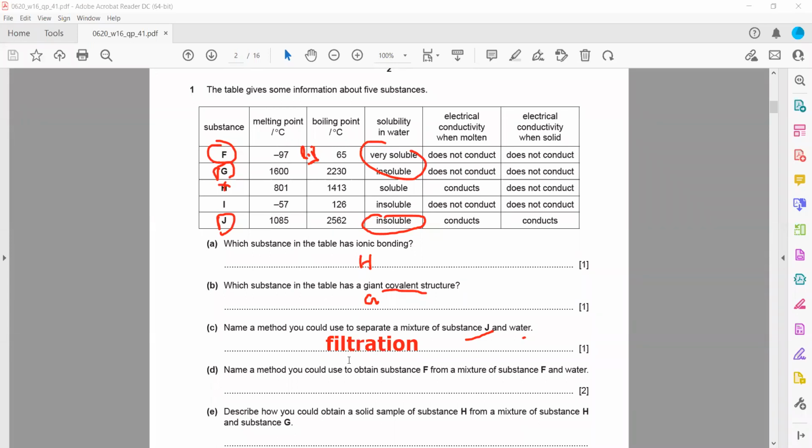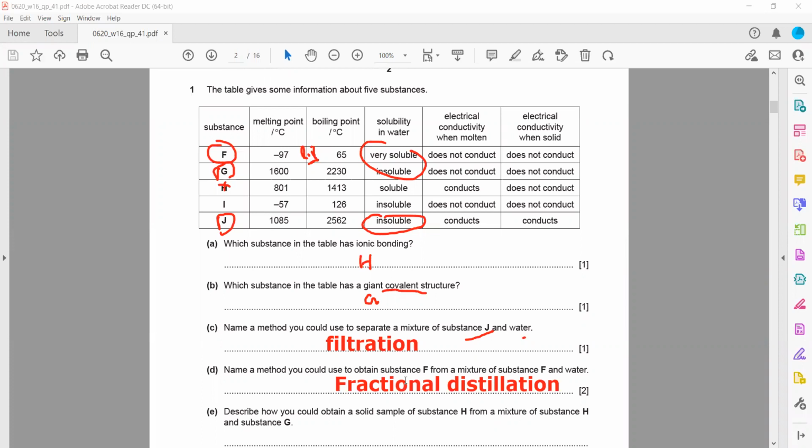Then describe how you could obtain a sample of substance H from a mixture of H and G. So if we have a mixture of H combined with G and we want to separate them, one is soluble, one is insoluble.